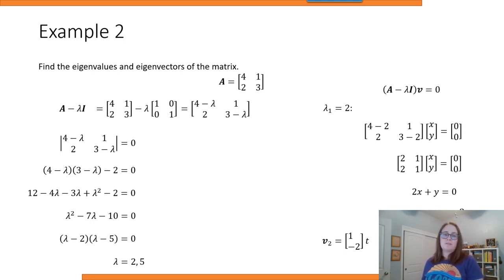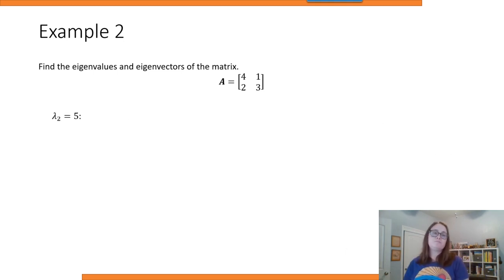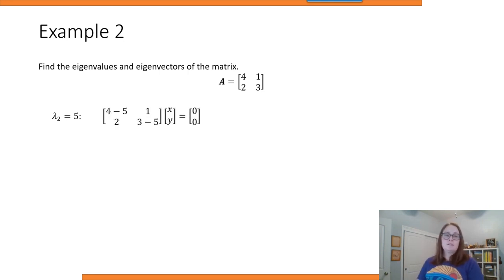Let's do the same thing with lambda 2 equals 5. Okay, so I end up with the same equation. I'm subtracting 5 from the main diagonal. So that gives me the matrix with rows (negative 1, 1) and (2, negative 2). And if I just grab one of those equations from multiplying the first row times (x, y), I get negative x plus y equals 0.